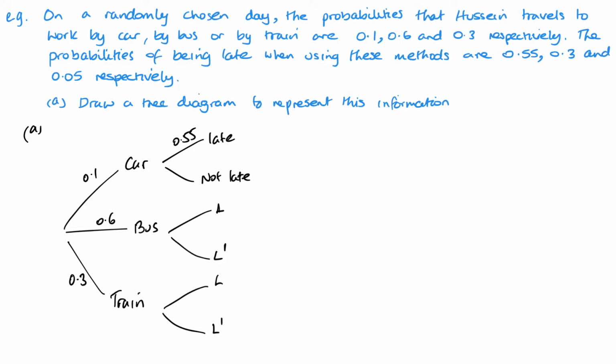Probability that they're late from the bus is 0.3, and probability they're late from the train is 0.05. And then each one is going to add to 1. So we've got to have 0.45, 0.7, 0.95 there. And there's my tree diagram done.